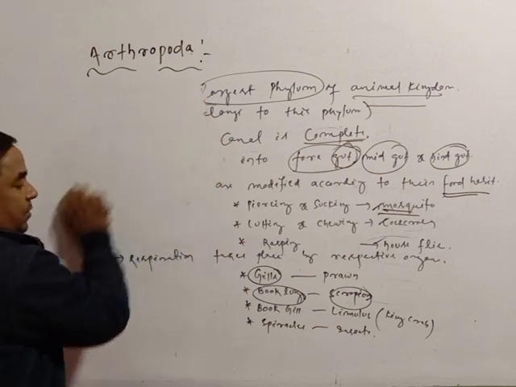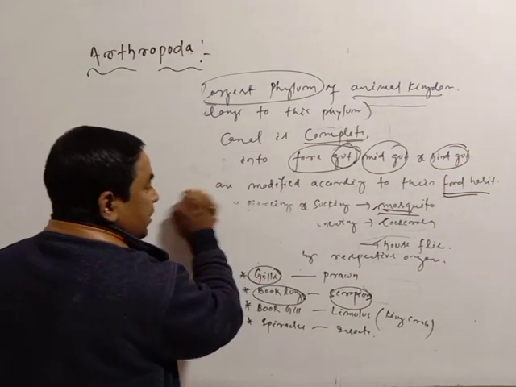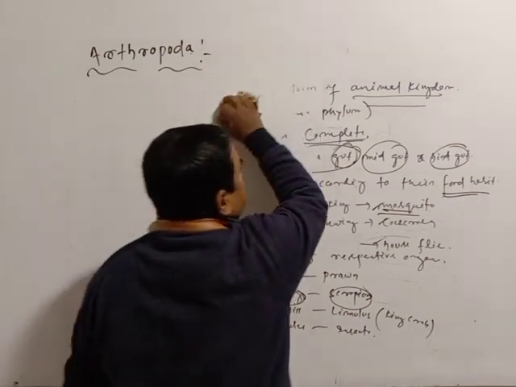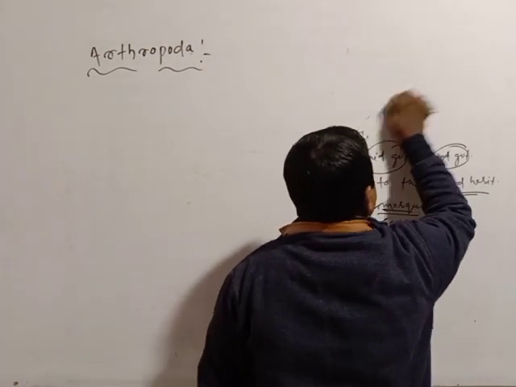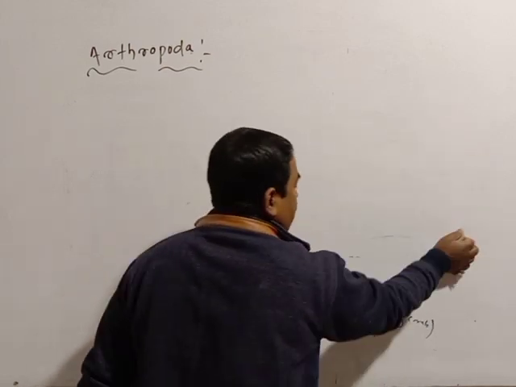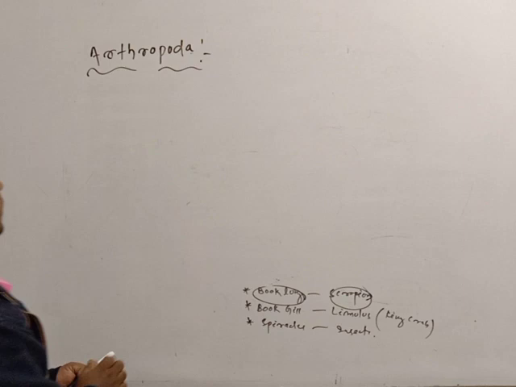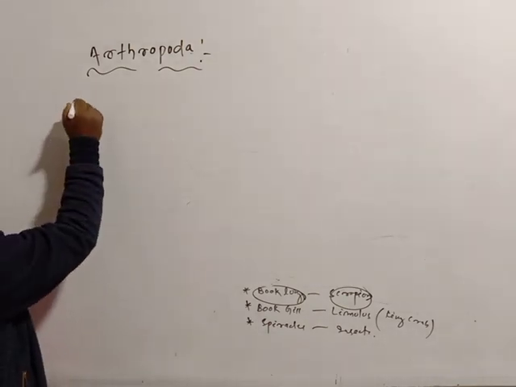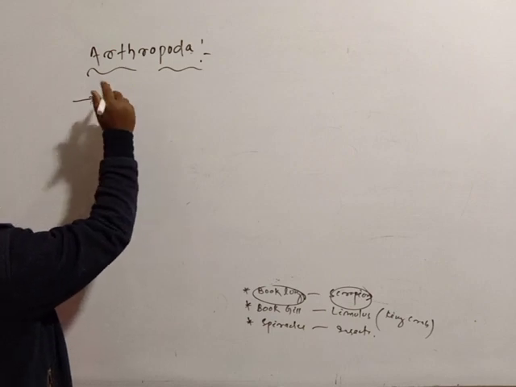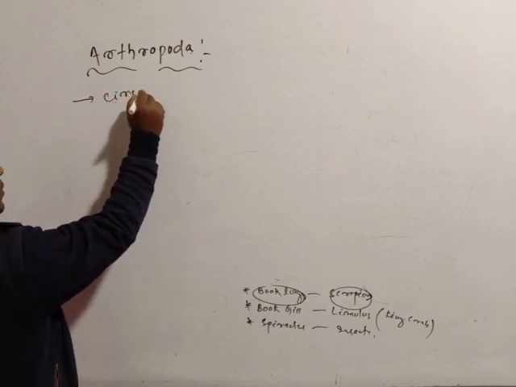Gaseous exchange takes place through these respective respiratory organs, and in the cockroach you will find an open circulatory system. It is an ideal example of arthropods.